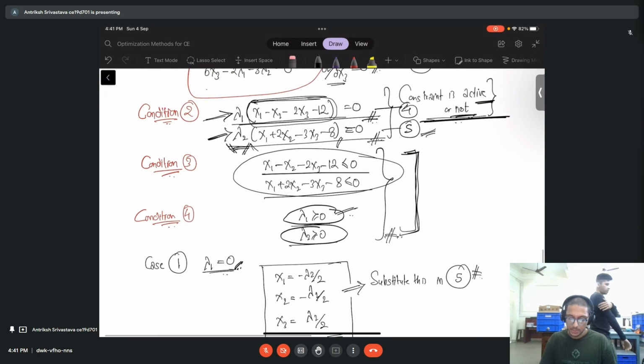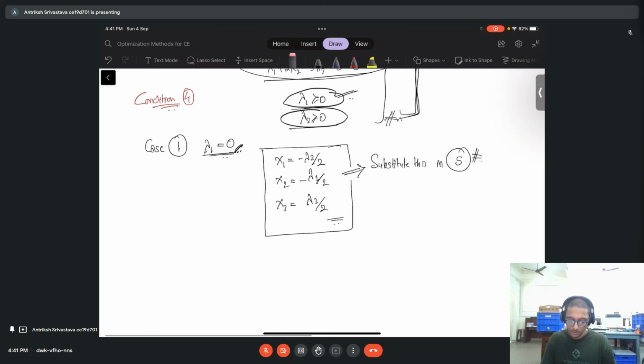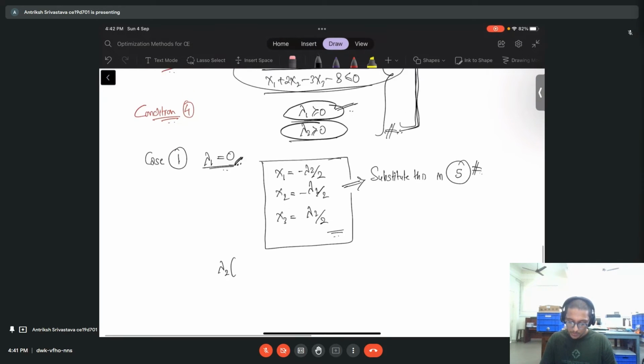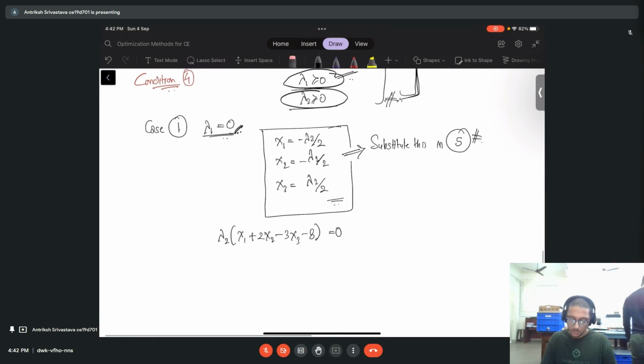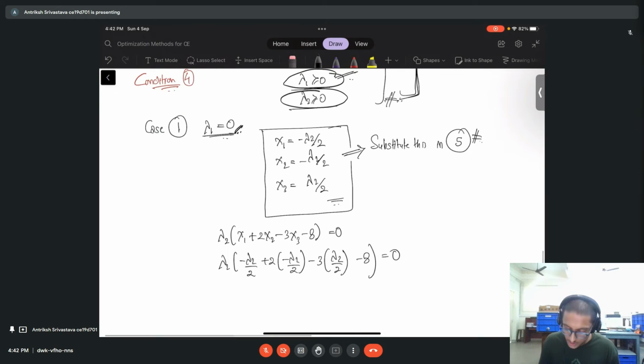So when we put this into that constraint, we have lambda 2 into x1 plus 2x2 minus 3x3 minus 8 equal to 0. Now let's put the values: minus lambda 2 by 2 plus 2 times minus lambda 2 by 2 minus 3 lambda 2 by 2 minus 8 is equal to 0. Is this correct?